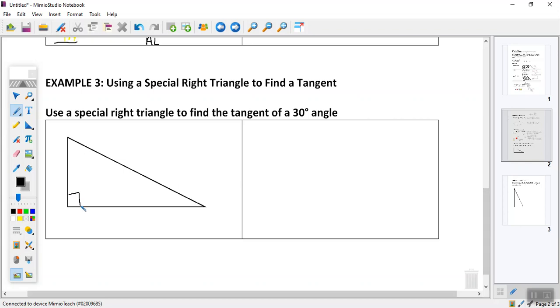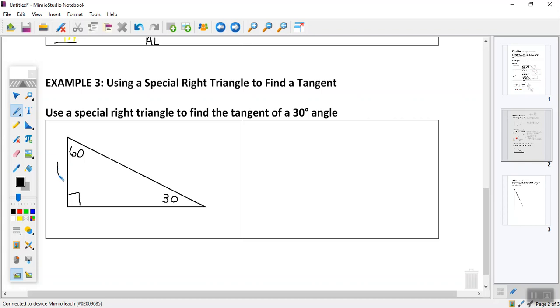Now, kids, we know a thing or two about the tangent of a 30-degree angle. Watch this right here. Remember dealing with 30-60-90s? Happy memories, right? If I said this distance right here was 1, what's that make the hypotenuse then?